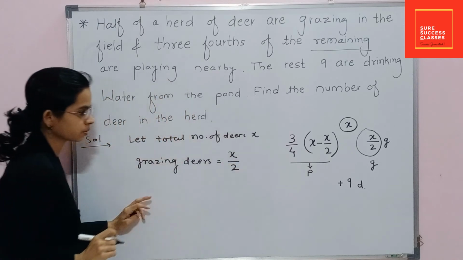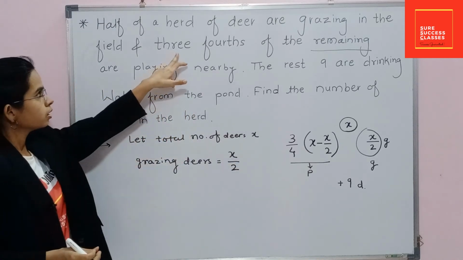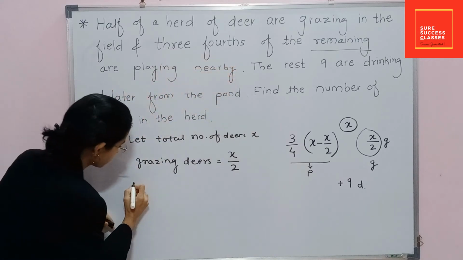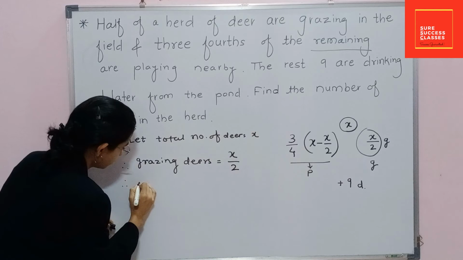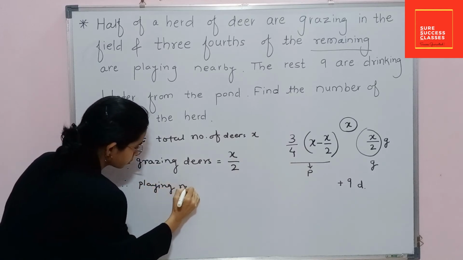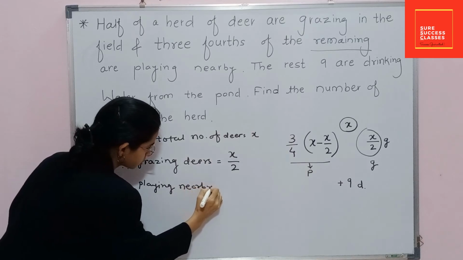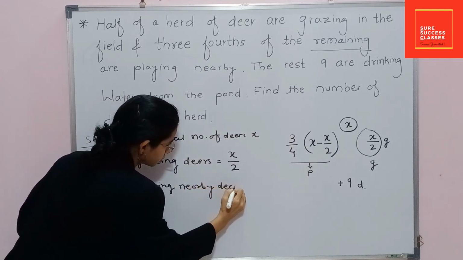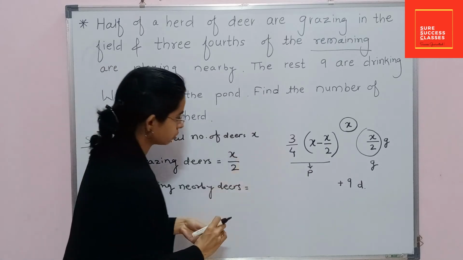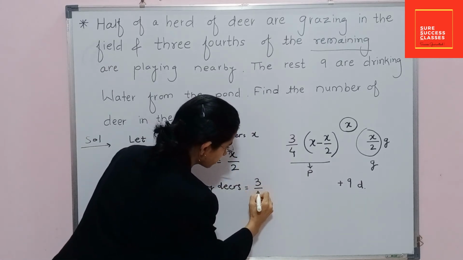It should be x by 2. 3/4 of remaining are playing nearby. So playing nearby deer is equal to 3/4 of remaining.